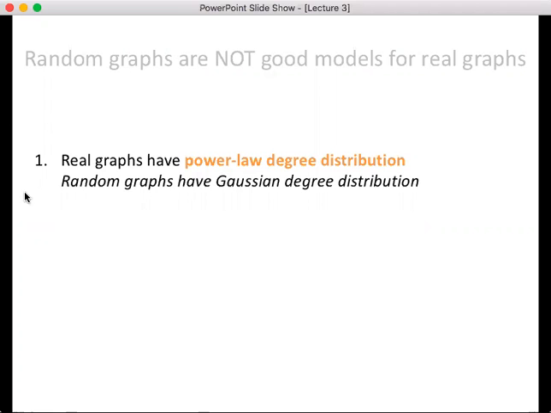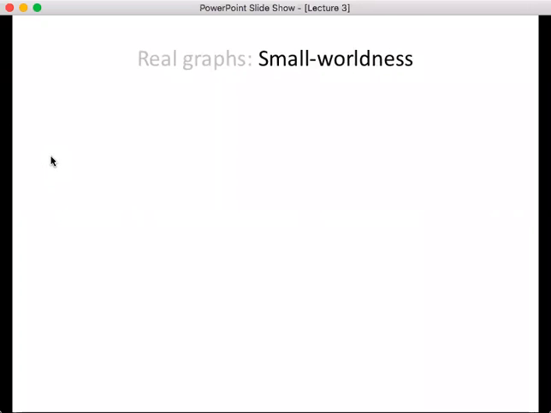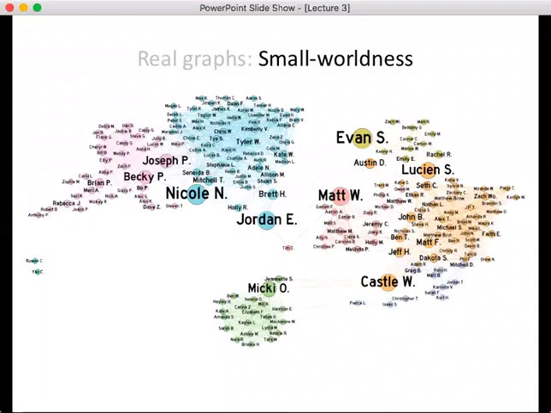But you see that here there is number one, and that's because there is also another aspect of real graphs that is different from random graphs. This is what is called small-worldness. So let's think about a social graph. Imagine that this is a group of friends spread all over the world, someone's friends on Facebook, and now the friends of this person are connected to each other.